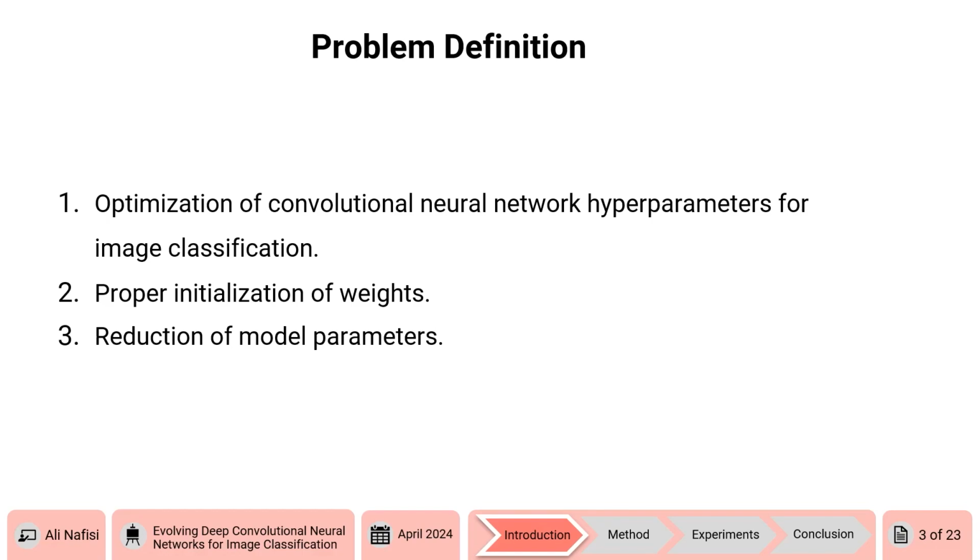And the third goal is to reduce the parameters. So the problem is kind of multi-objective. We want to find models that have good accuracy, good performance, low error. At the same time, we want them to have fewer parameters, and because the algorithm is population based, we can do a trade-off.